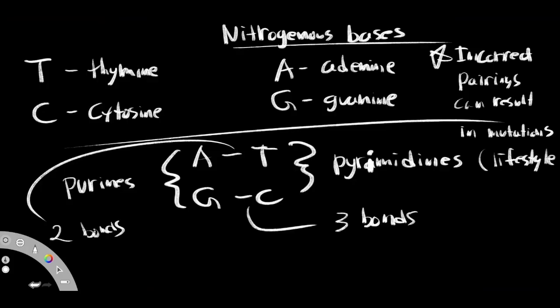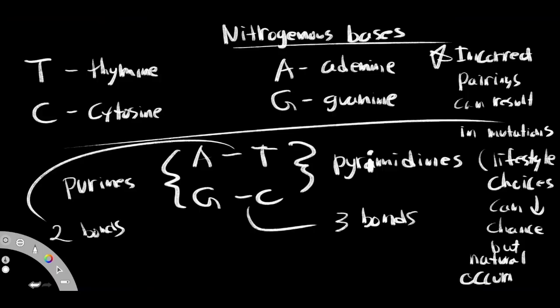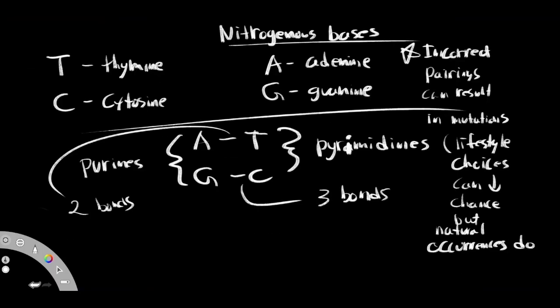All right, so lifestyle choices can reduce chance, but natural occurrences do happen, which is unavoidable. And this is just unfortunate, but that's just the way life is.